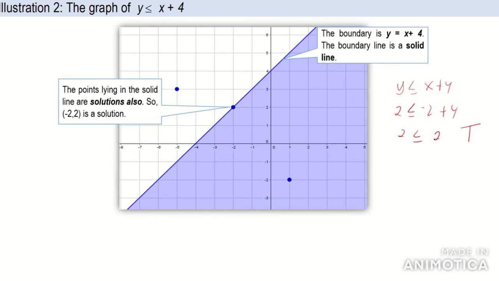This means 2 is less than 2 or 2 is equal to 2, so one of the statements is true, so that is true. So, when the inequality is less than or equal to, the boundary line is a solid line. And of course, the shaded region lies in the lower part of the boundary line.